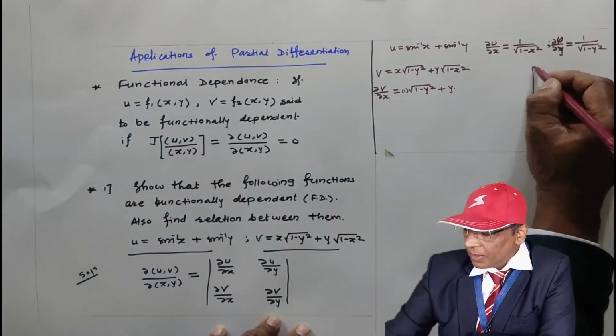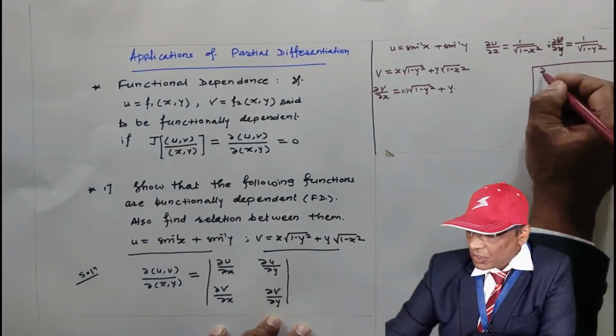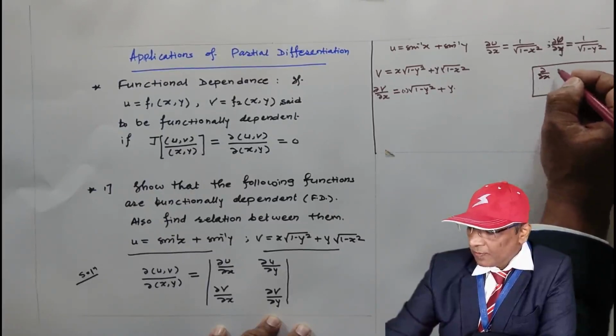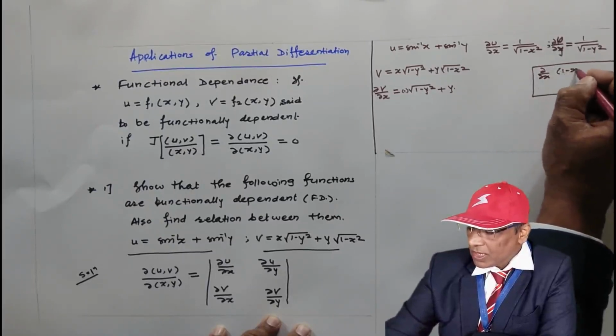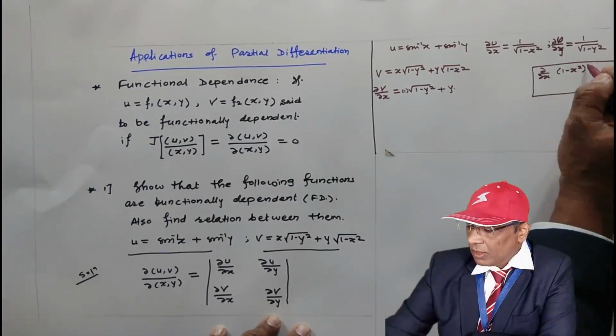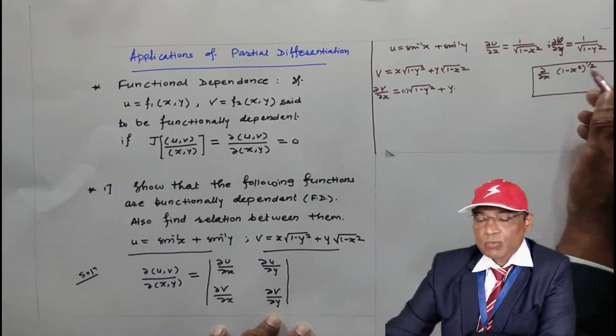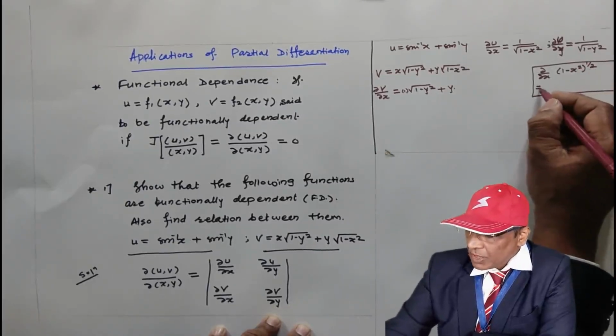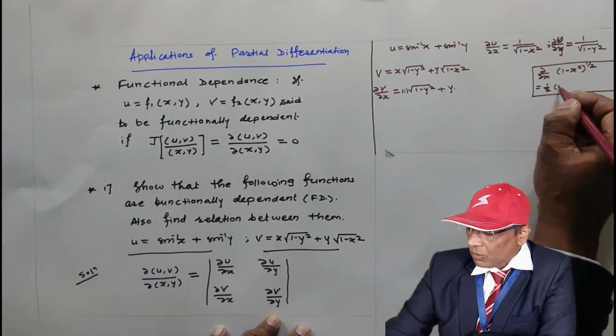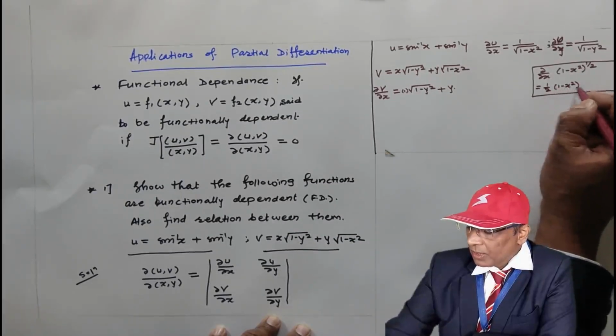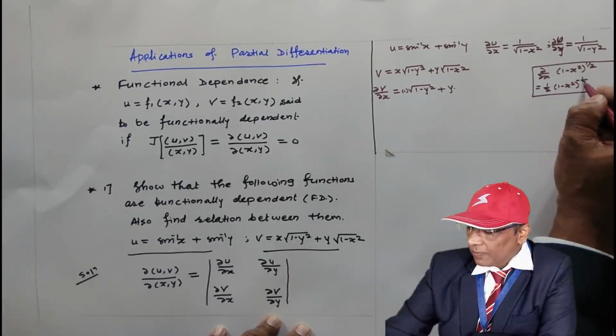The derivative of under root 1 minus x square with respect to x is what? Under root 1 minus x square means the derivative of 1 minus x square power 1 by 2 is what? 1 by 2, 1 minus x square raised to power minus 1 by 2.